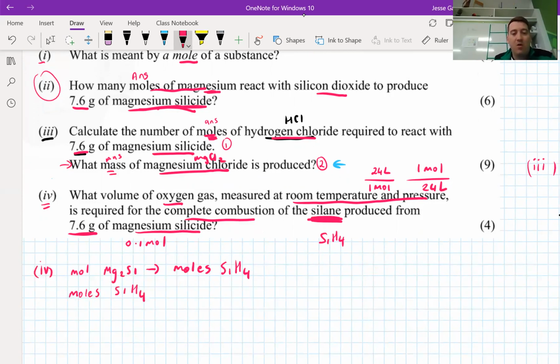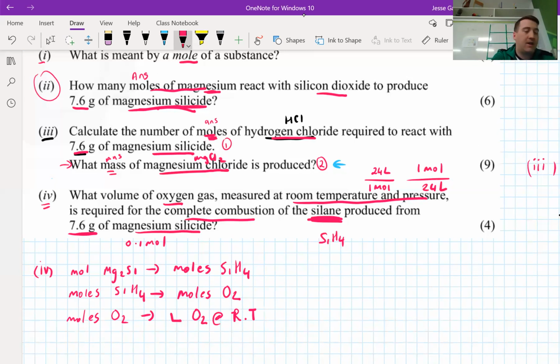We want to find out how many moles of oxygen have to react with that. Moles of O2. And then finally, there's a third conversion. Once we get the moles of O2, we want to find out how many liters of O2 that is at room temperature. All right, pause the video and work your way through those three conversions. Make sure you get liters of O2 as your final answer.